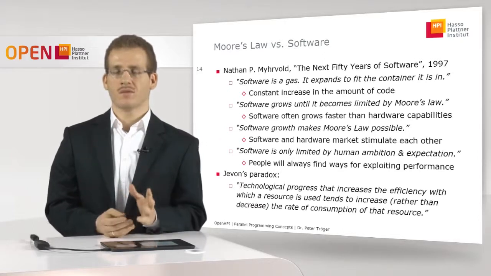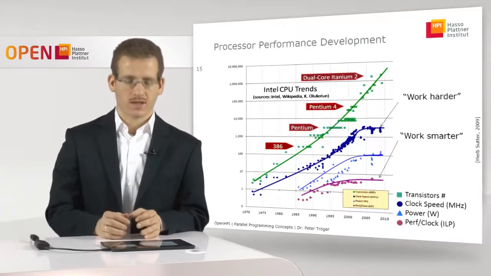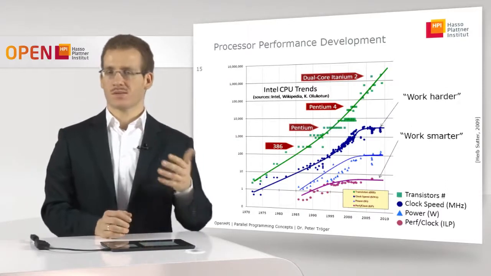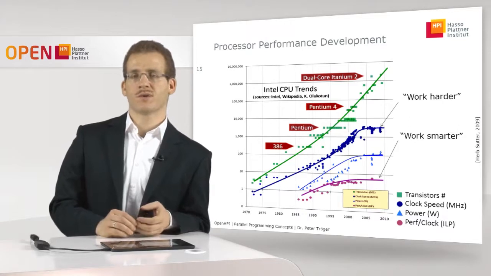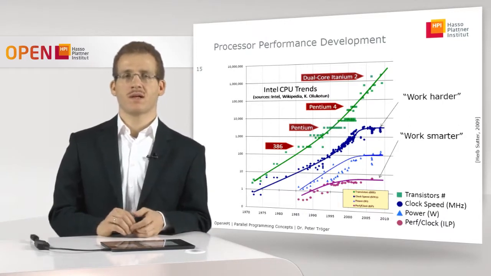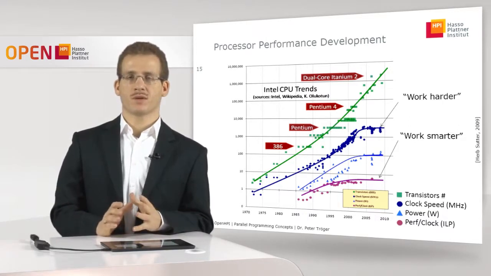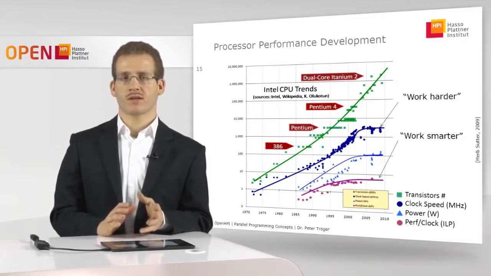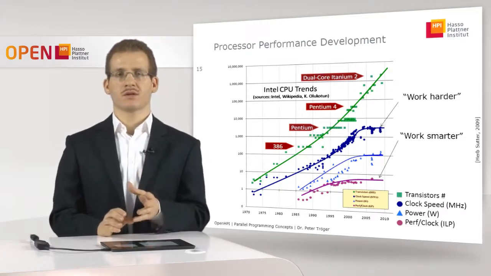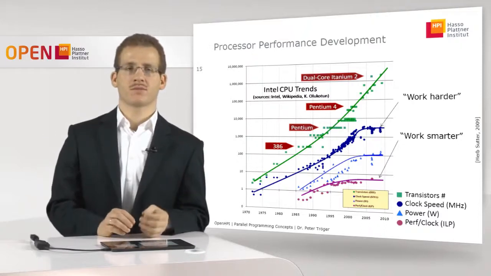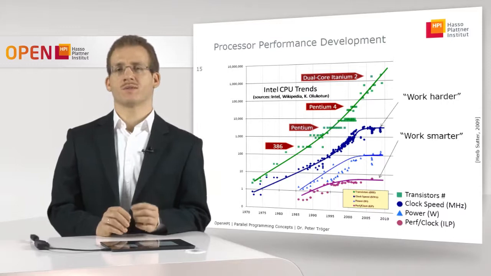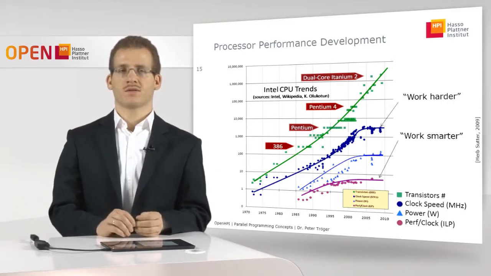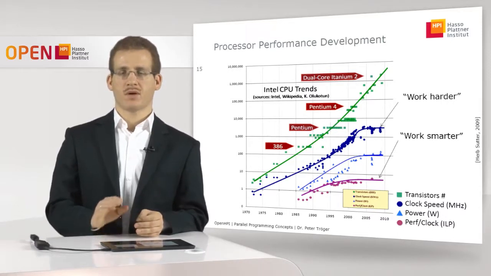And around 2000, we got an interesting effect with all this exponential growth of the number of transistors and the according improved performance of hardware components. When you look at different developments and curves, like the number of transistors versus the clock speed and the power consumption, you see that clock speed, power, and the performance per clock cycle started to get capped around 2000.